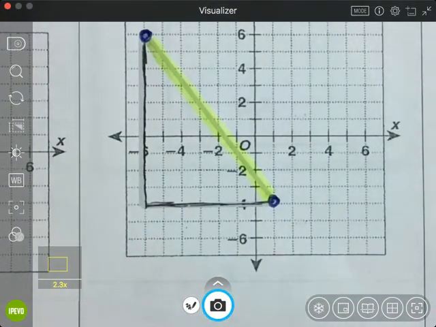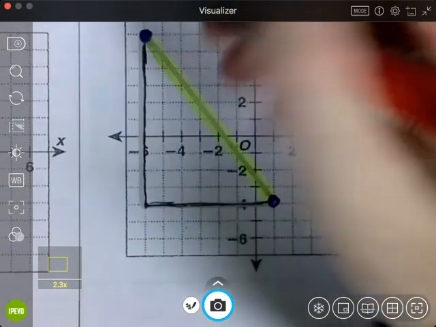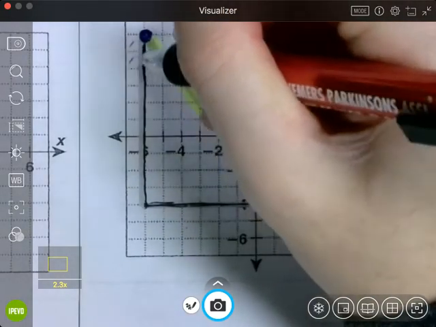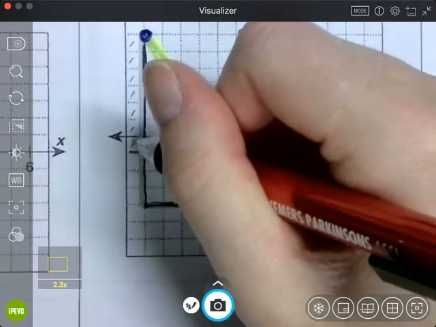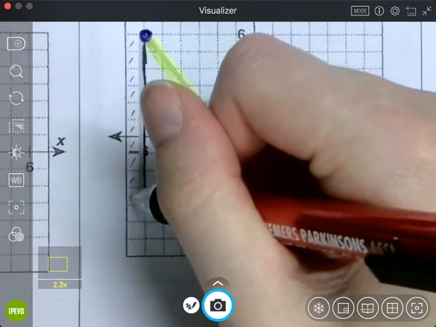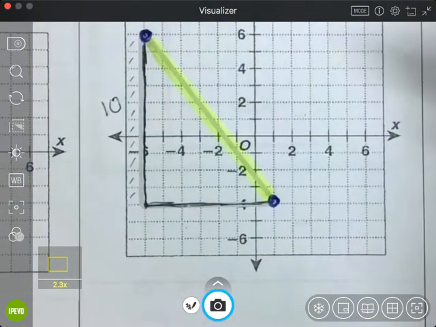So how many boxes is it from this dot to right here? 1, 2, 3, 4, 5, 6, 7, 8, 9, 10. I got 10. You should have also gotten 10.